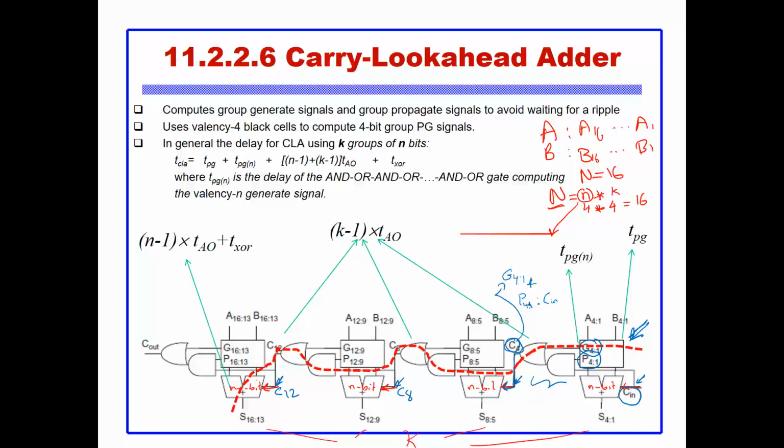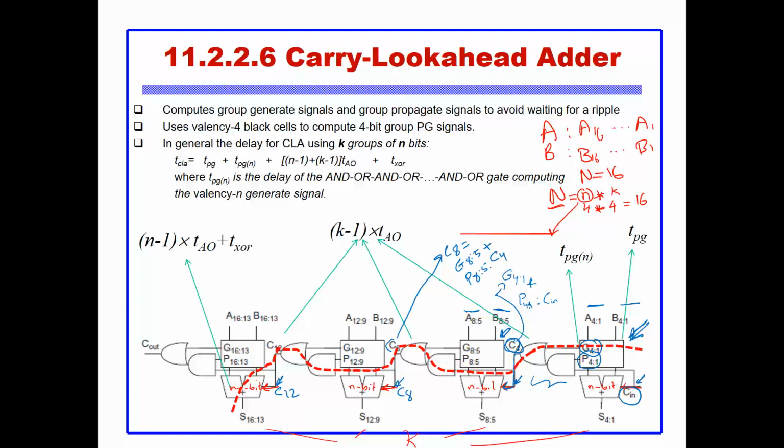Here I use the group propagate again, but now the group changes from bits 4 to 1 to bits 8 to 5. So the C8 here is generated. C8 equals the group generate from 8 to 5, or I propagate C4, provided I have propagation from bit 8 to 5.